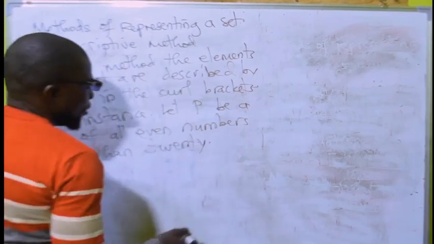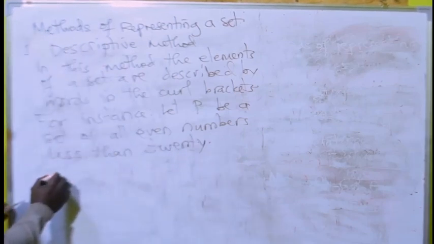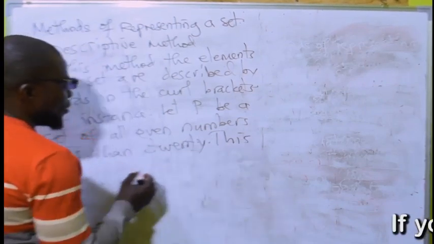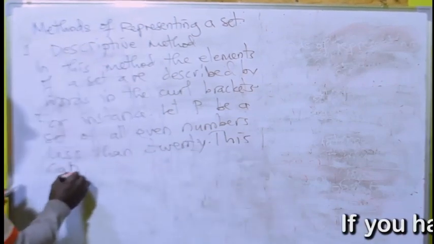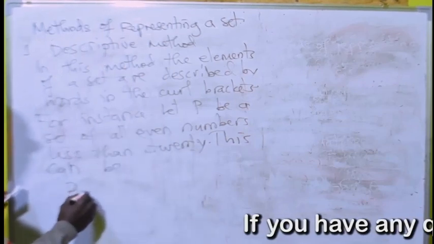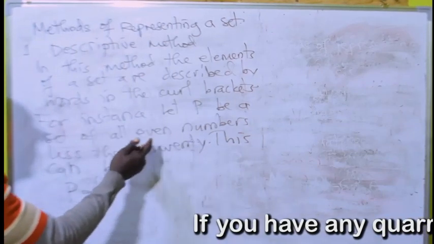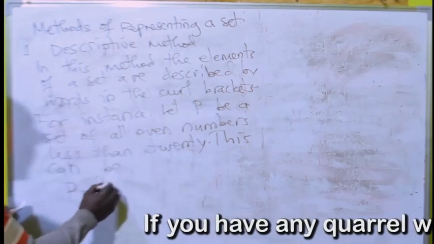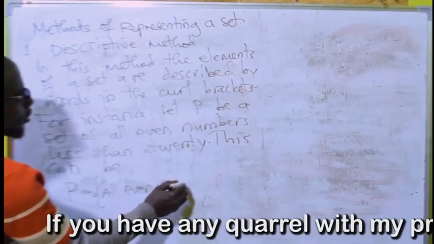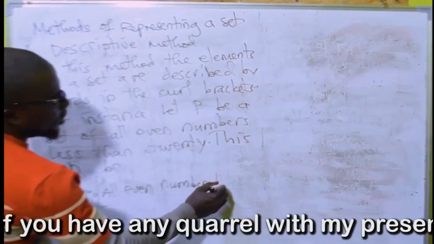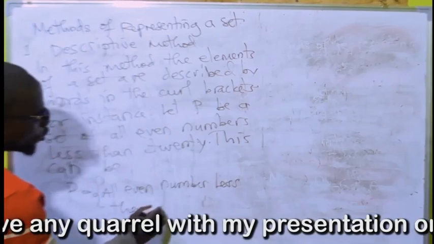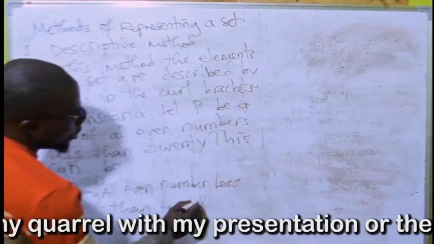This can be written as P is equal to all even numbers less than 20.